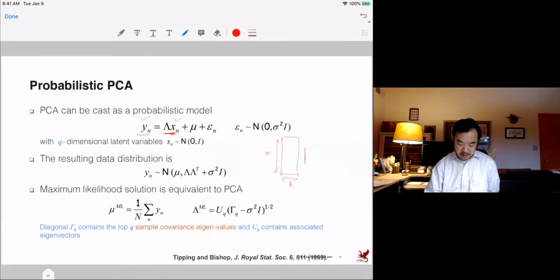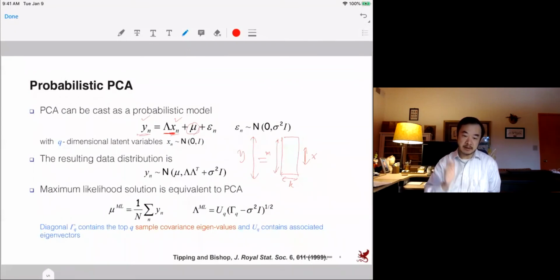Let's imagine this is the X matrix and this is the Y matrix. And then I would add a mu, which is a way to move the resultant points into different positions in the Euclidean space without changing their direction.